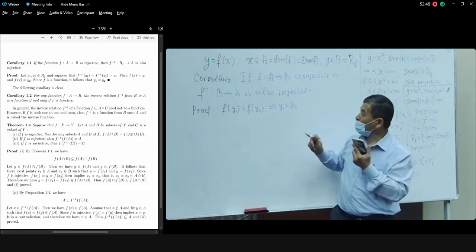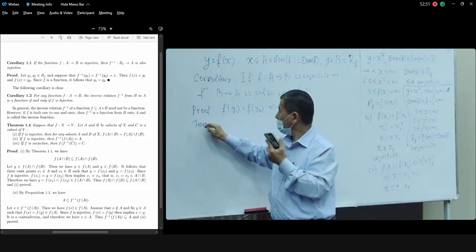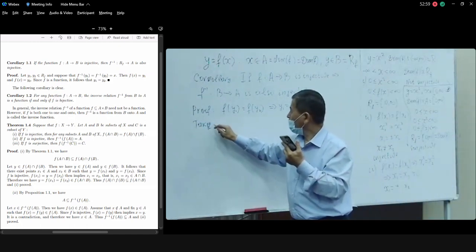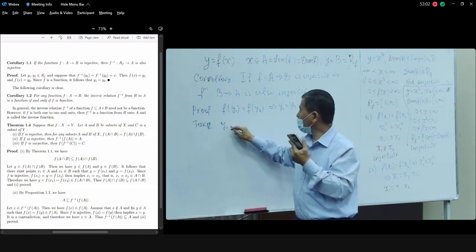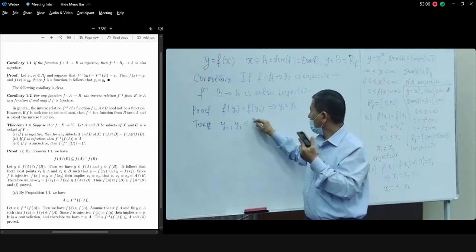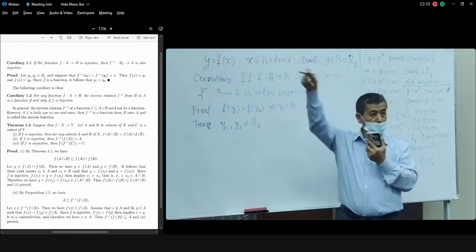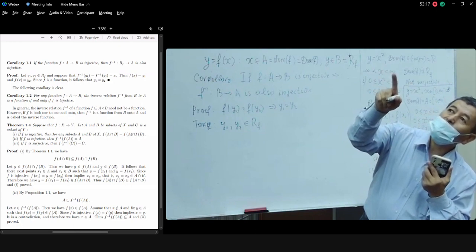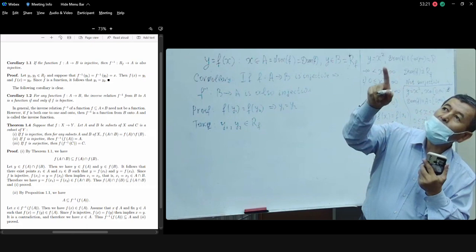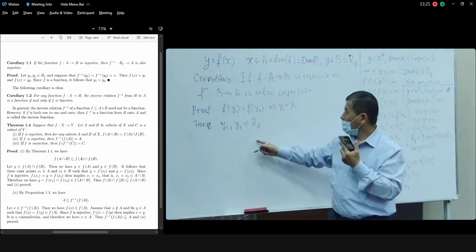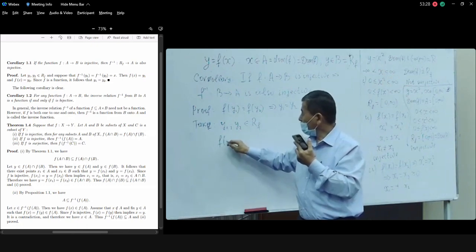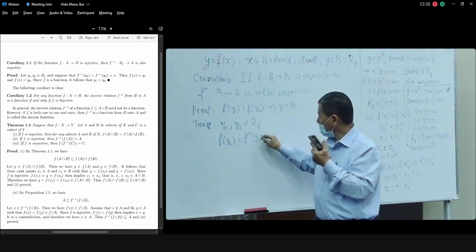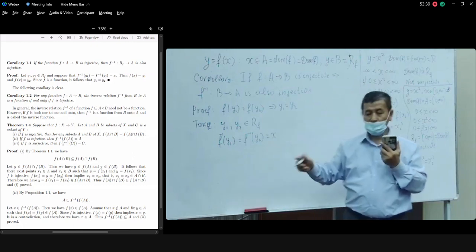So to prove this, we take two elements, y1 and y2, from the range of f, because y1, y2 belong to the range of f. Suppose f minus 1 of y1 and f minus 1 of y2; actually these are elements of x from A.